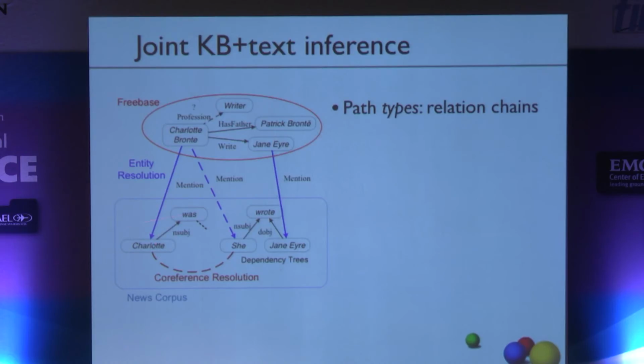So this gives me a positive example of how I would say in text that this person is an author of that book. So we're going to take this sequence of labels, in this case, entity resolution -1, write, and then mention. So mention -1. Sorry, that's what I don't call it.